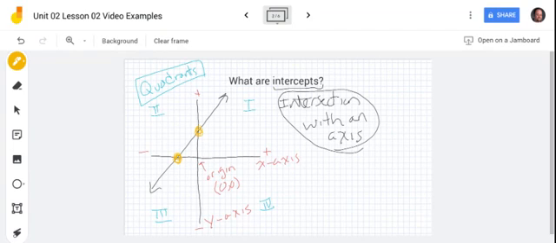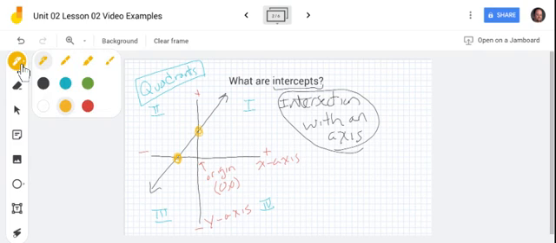Any graph that's open, that has an arrow on an end, hits at least one axis somewhere. Graphs that close, like circles or ovals, it is possible to draw them without them ever having an intercept. But things like lines or anything that is open-ended always hit at least one of the axes.